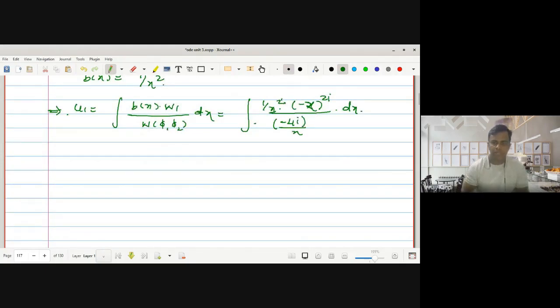Now cancel this and this. So this is equal to x raised to 2i upon x, which is minus x raised to 2i minus 1, divided by minus 4i. So minus minus gets plus. So into dx is equal to 1 upon 4i integration of x raised to 2i minus 1 into dx.